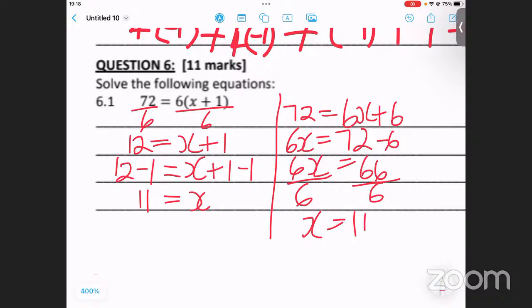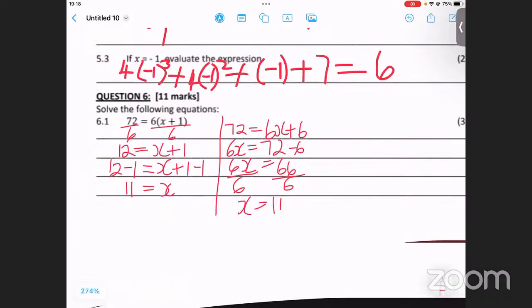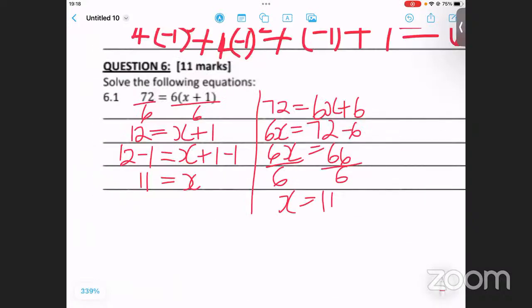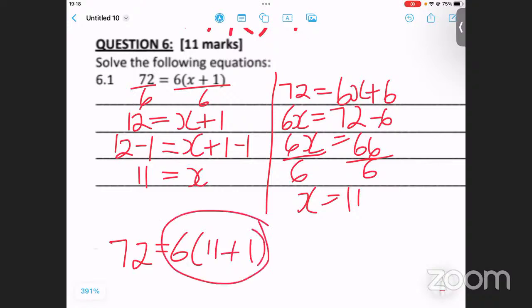Perfect. And remember, guys, when you're having this kind of question, this is a 3-mark question. So to make sure that you collect all the 3 marks, you need to go back to your equation and say 72 is equal to 6, open bracket, positive 11 plus 1. If this whole thing does not give you the 72, then it's absolutely wrong.